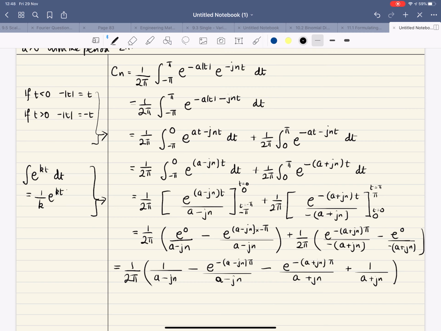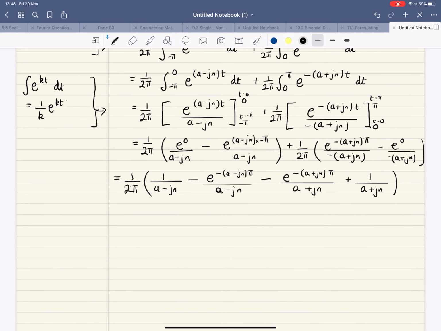Okay, so let's simplify this. Right, common denominator, because we've got 4 fractions to add together. Common denominator is going to be a minus jn times a plus jn. So let's do that down the side here. A minus jn, a plus jn, a squared, jan minus jan.